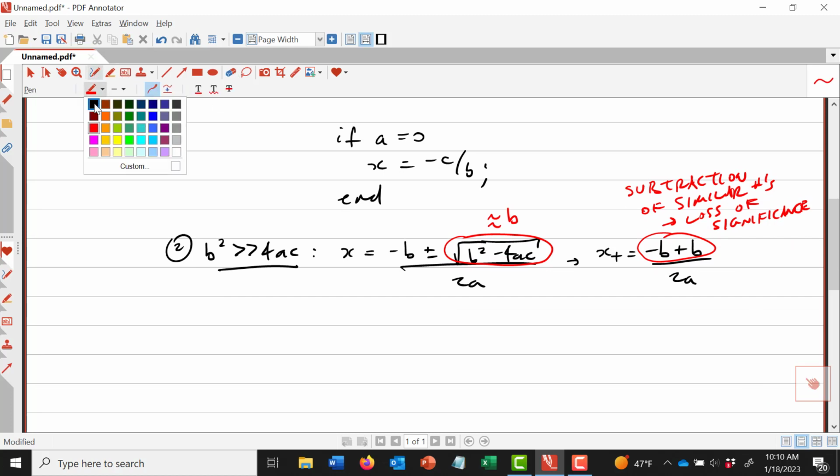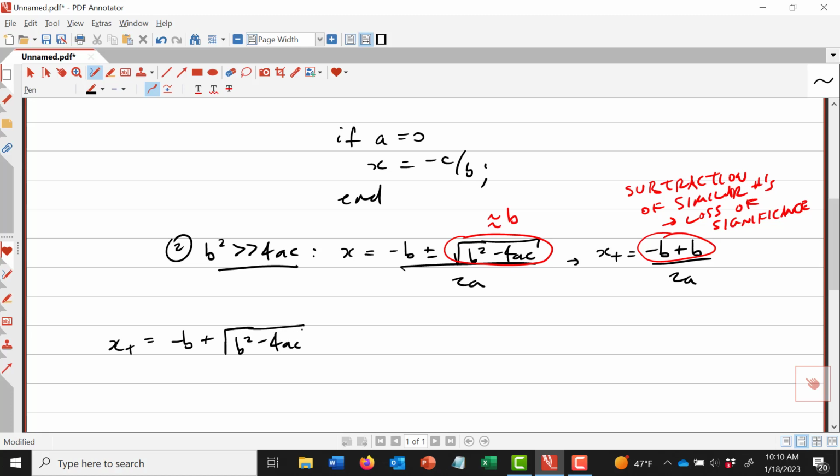So how do we get around this? Well, if you have a case where b squared is much, much larger than 4ac, let's take a look again at this positive side of this root here. So we get minus b plus square root of b squared minus 4ac over 2a. And we're going to multiply it by minus b minus the square root of b squared minus 4ac on both the top and the bottom.